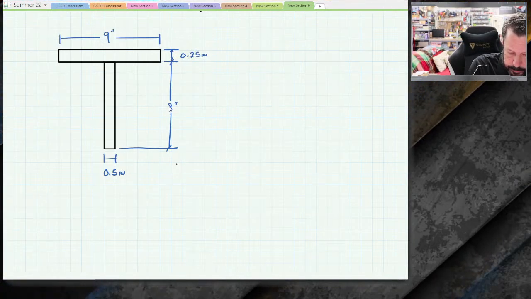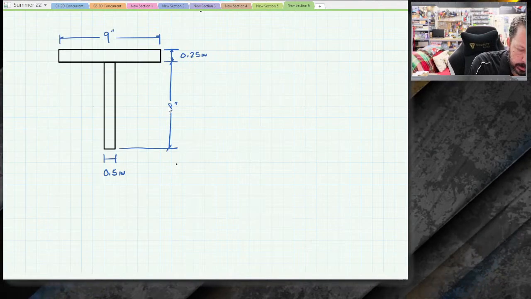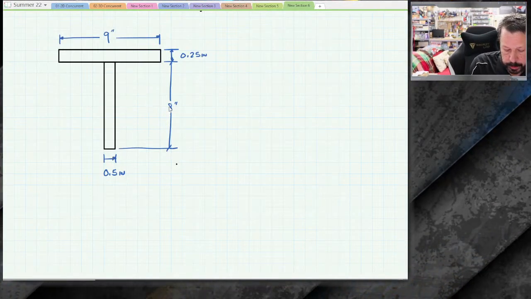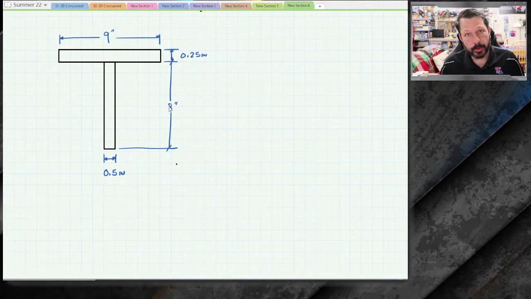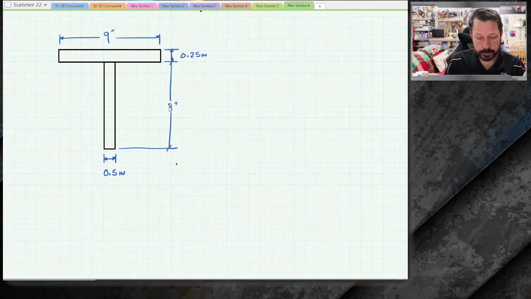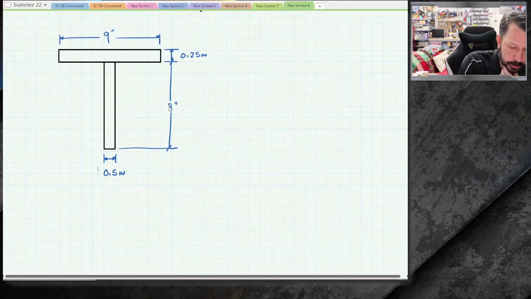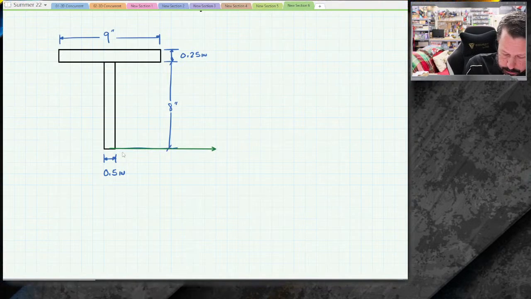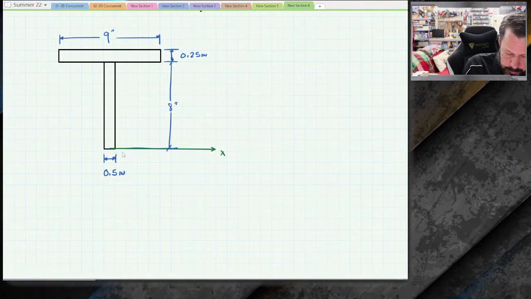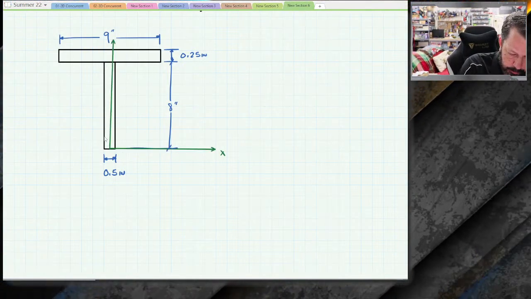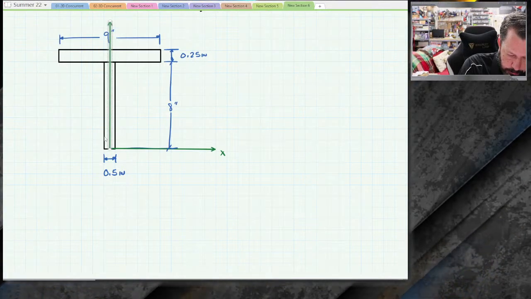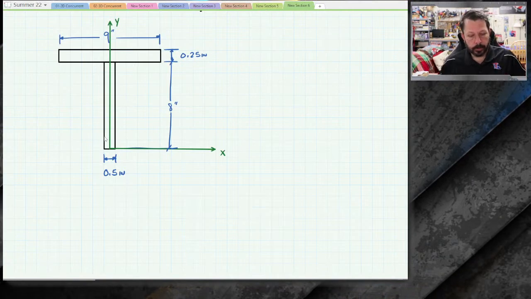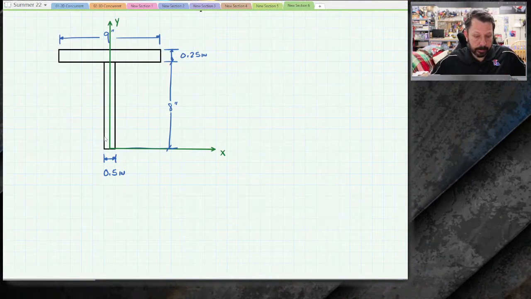All right. And like I said, on a book problem, the reference point would be given to you. Now, if you're just doing this on your own, you can pick whatever reference you want, but I'm going to put our reference axis here for X, and right through the middle for Y. Okay, and our goal is now just doing it this way.